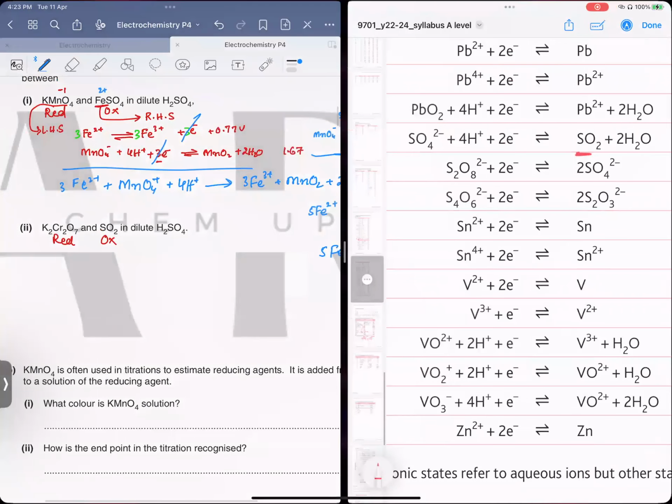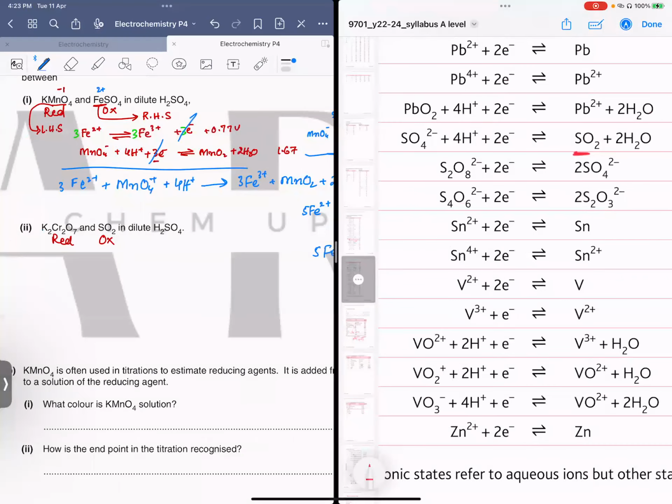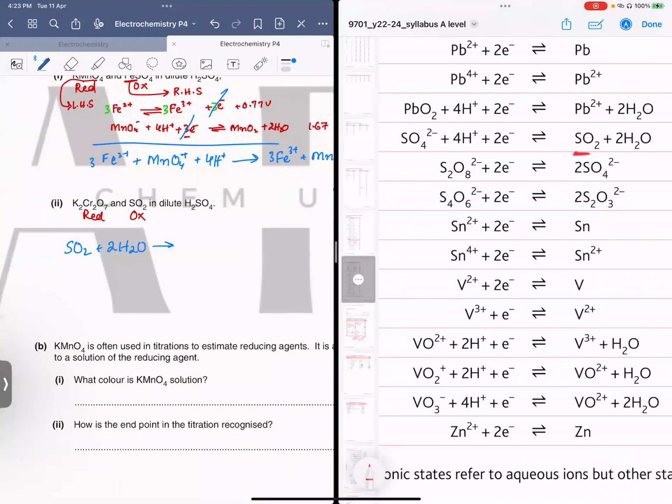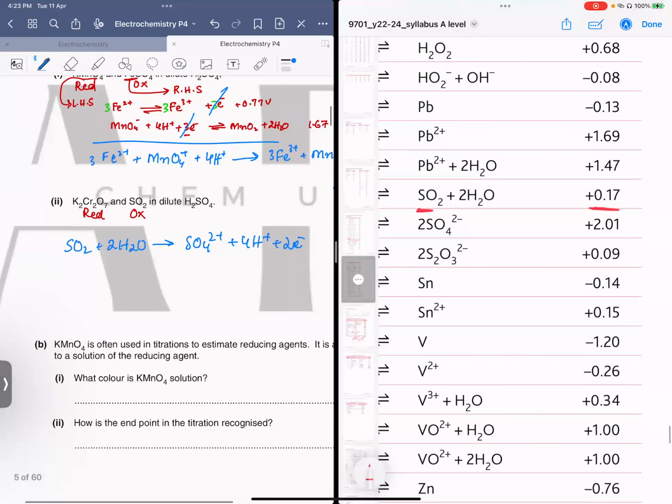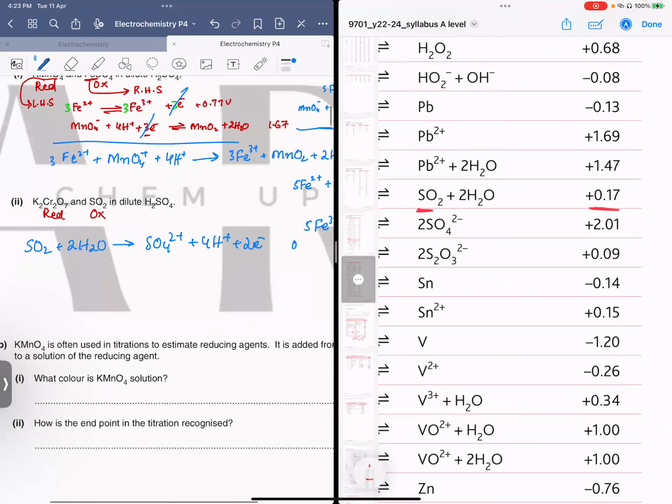So here it would be SO2 plus 2H2O forming SO4 2 negative plus 4H positive plus 2 electrons, 0.17.